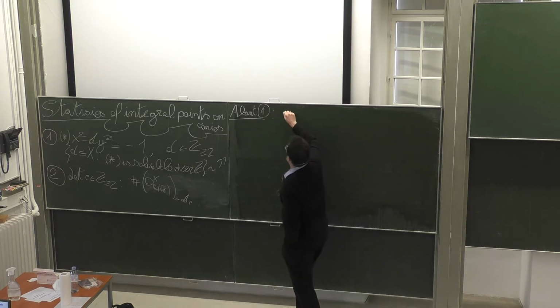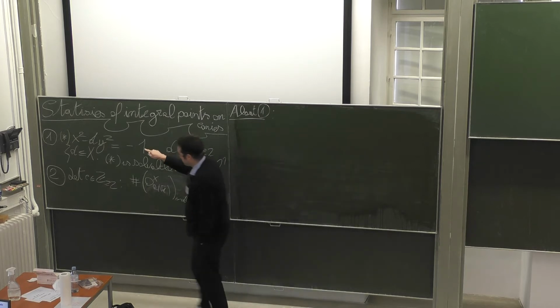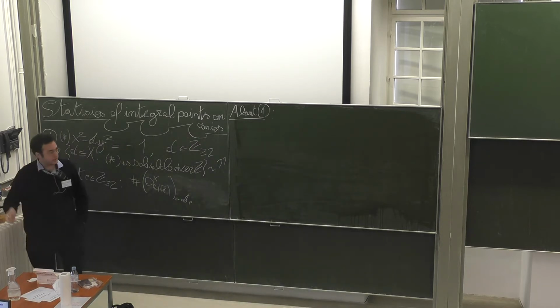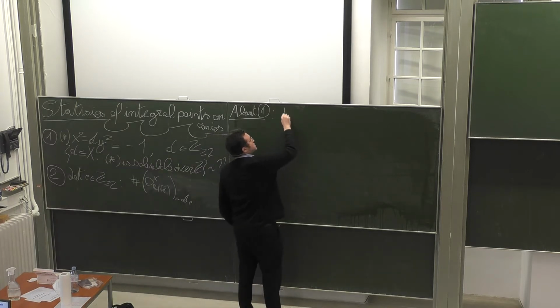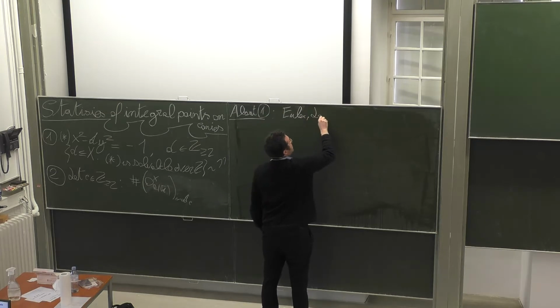First of all, the equation x squared minus d y squared equals 1 has been studied since the time of Archimedes, but the first work on the negative Pell equation was due to Euler and Lagrange.